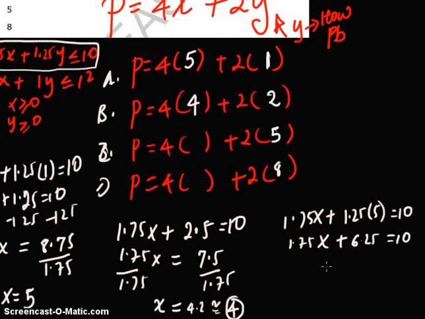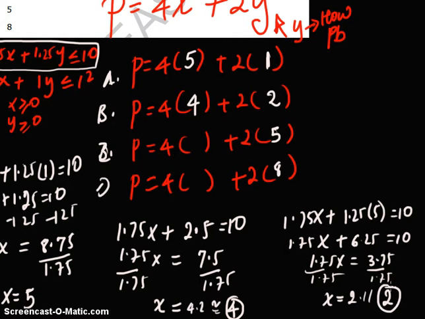I take that away from 10 and get 1.75X equals 3.75. I divide this by 1.75 and we get X roughly equal to 2.14, which is almost 2, because we're going to use integers. So we're going to put 2.